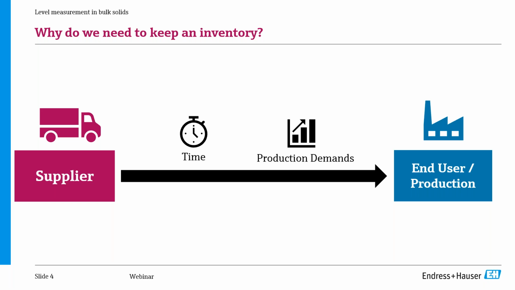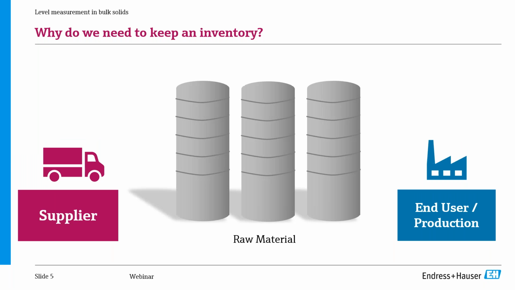The second factor is production demand. You must be able to supply your material based on the fluctuation of your process demand or consumption, which may vary depending on the circumstances. Summarizing, you really need a buffer to keep your process running for long periods of time.